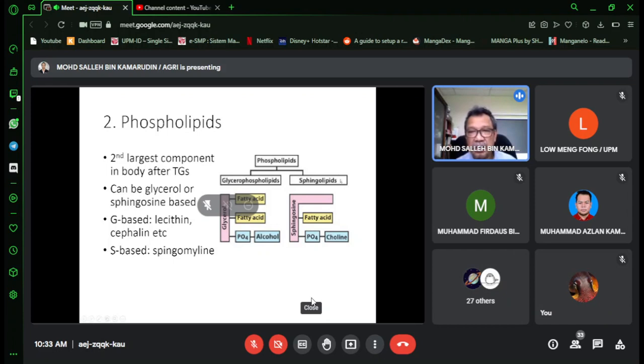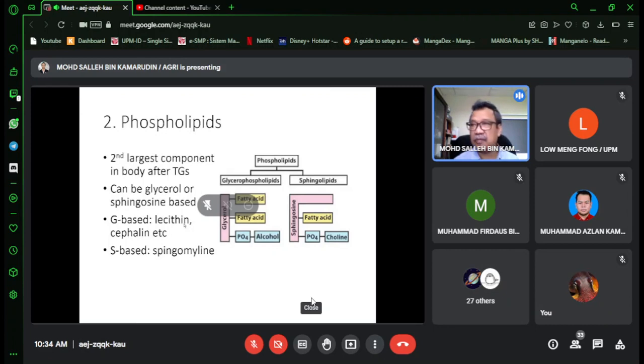Dan sphingolipid ni daripada yang non-glycerol base. Yang glycerol base adalah lecithin. Lecithin are being used in food industry biasanya sebagai emulsifier. Emulsifier kalau tengok in biscuit, cake dan sebagainya banyak lecithin.